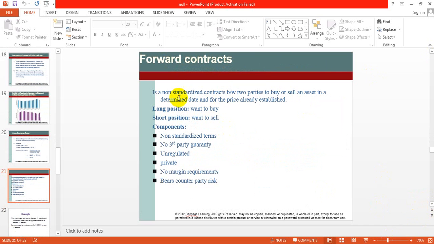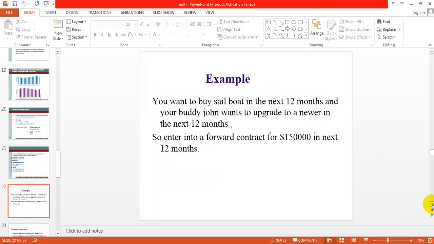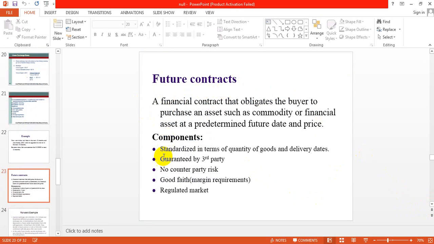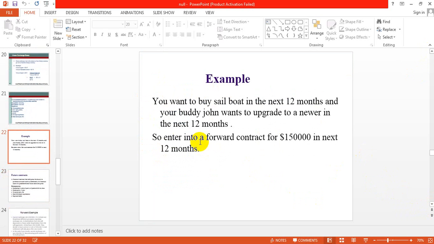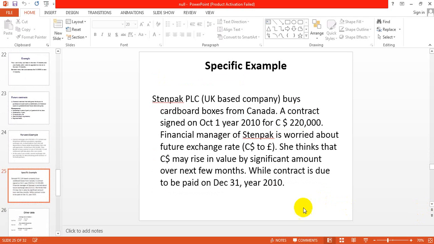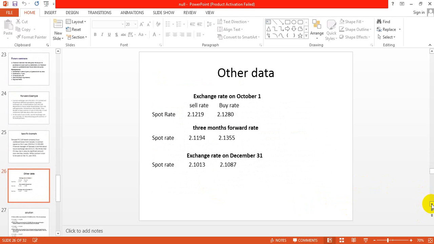Then we discussed forward contracts, what a forward contract is and what the features or components of a forward contract are, and then future contracts and the components of future contracts. In the next class we will discuss examples of forward contracts and future contracts, so it will be much clearer to you.